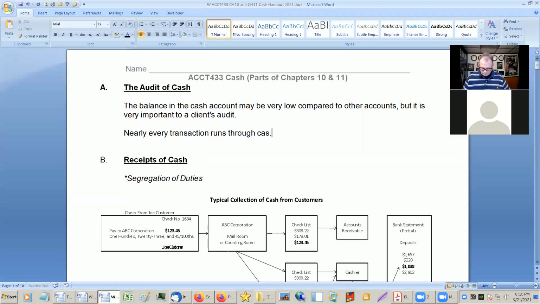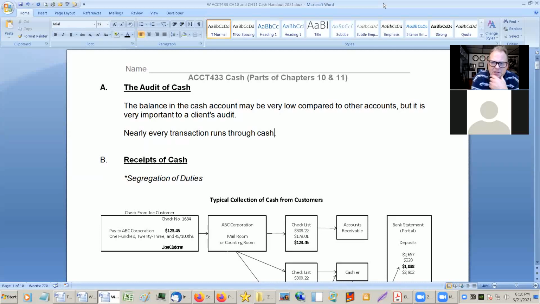It's hard to think of a transaction that doesn't, like someone trading land for stock.